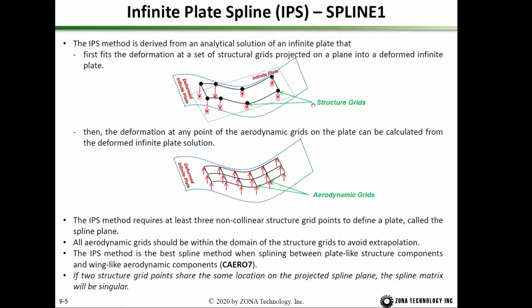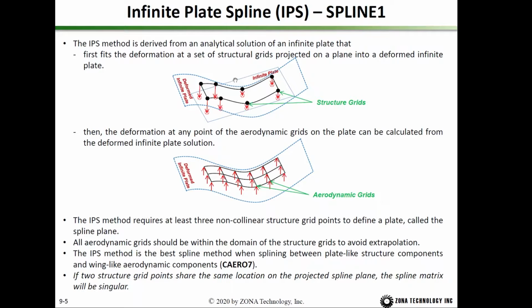The IPS method is derived from an analytical solution of an infinite plate, and this infinite plate will first fit the deformation at a set of structure grid points shown by the black circles, and it will project onto a plane, and then into a deformed infinite plane.